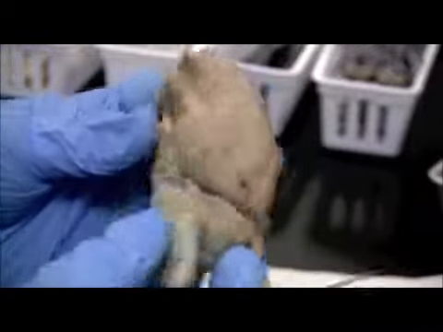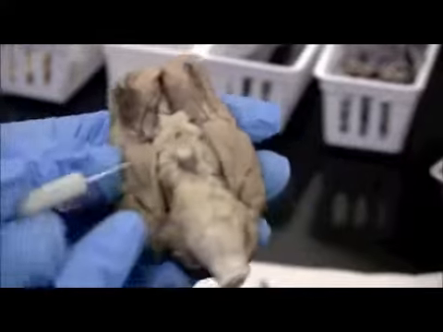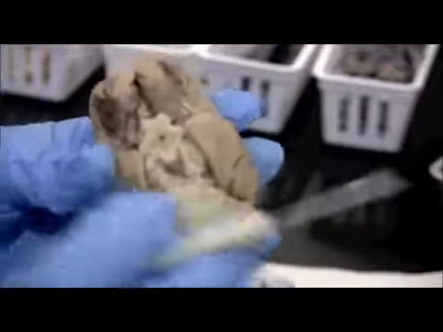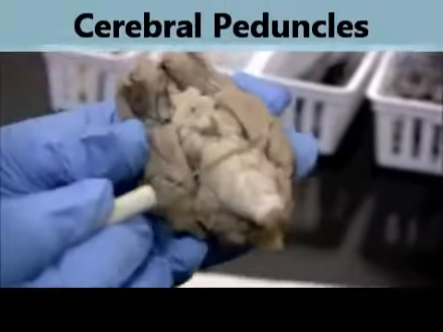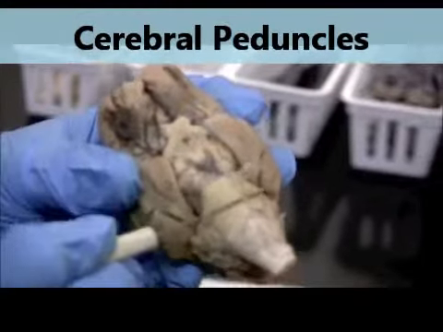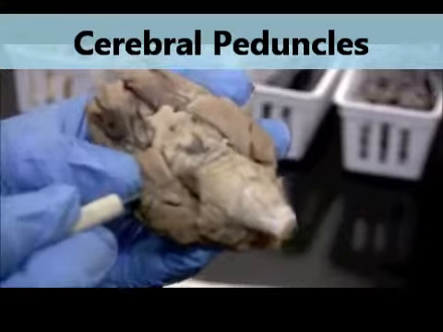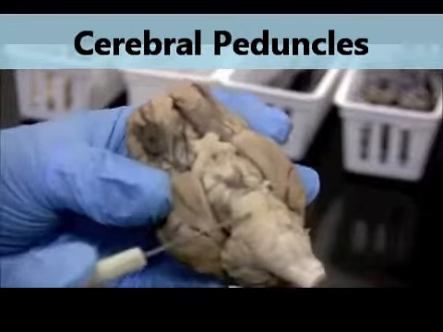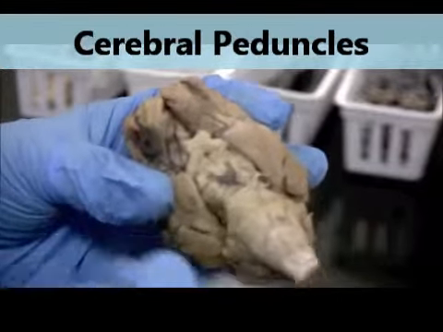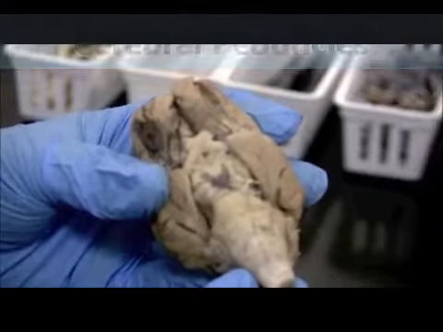If we look on the inferior side, the part of the midbrain that you can see would actually be the cerebral peduncles, the footpaths that lead from the pons and medulla oblongata, all of that fiber connection up to the upper portions of the brain.